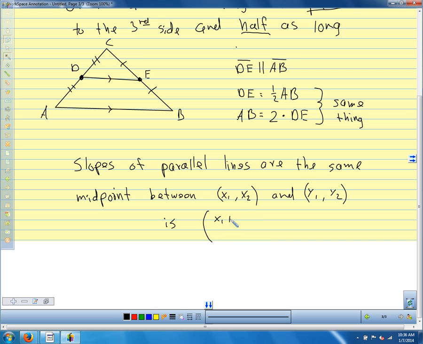X1 plus X2 divided by 2, and Y1 plus Y2 divided by 2. And this is our X and this is our Y. So that's how we find our point. We add the X parts and divide by 2, so we're finding the average, finding the middle, and we add the Y parts and divide by 2. So that's our midpoint. And one or two of the problems in the homework have to do with finding a midpoint.